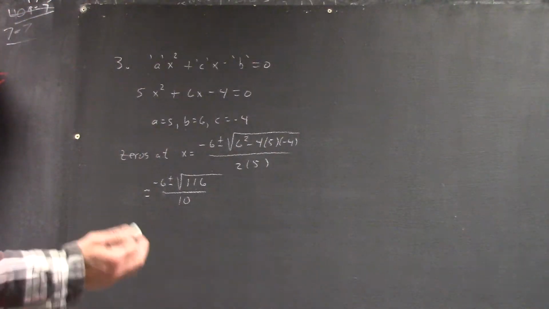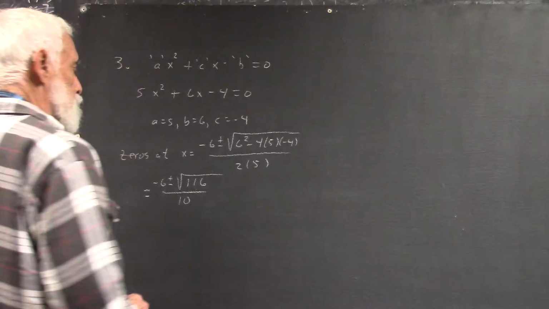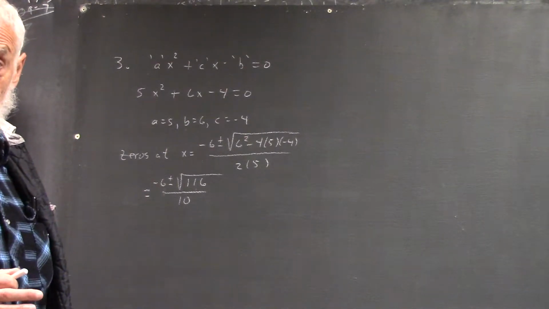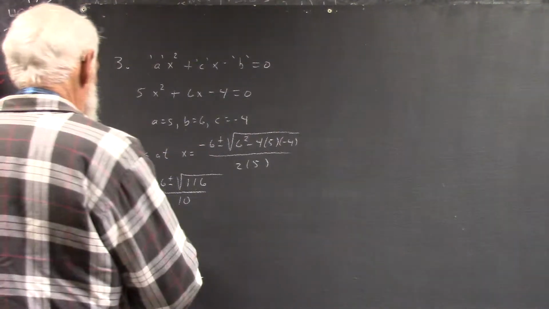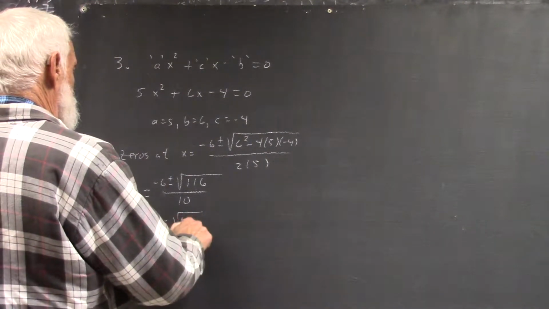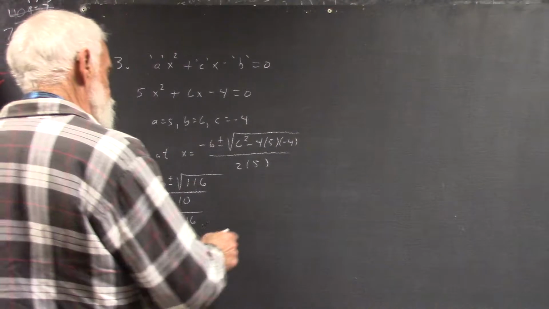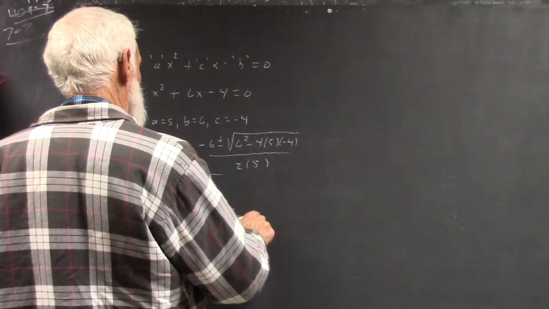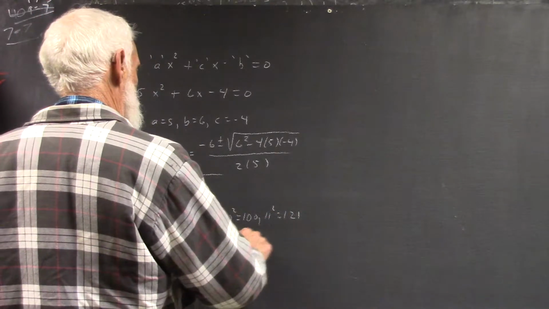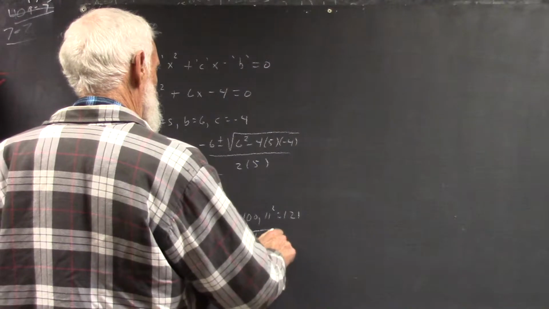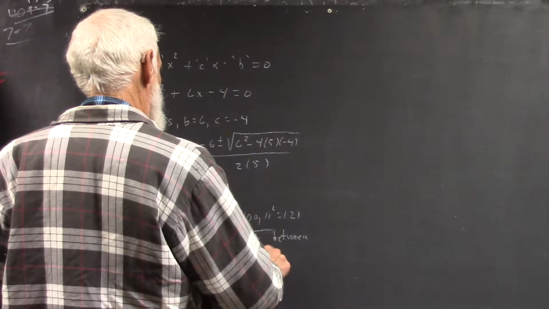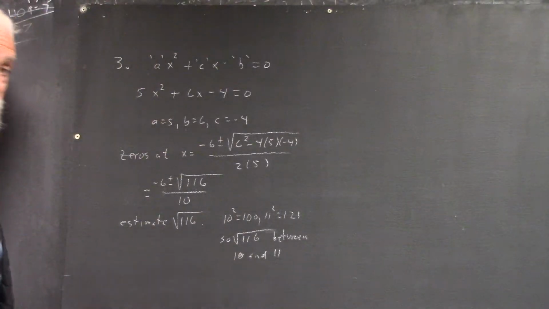Be numerically literate. And so knowing that 116 is between 10 squared, which is 100, and 11 squared, which is 121, the square root is between 10 and 11.